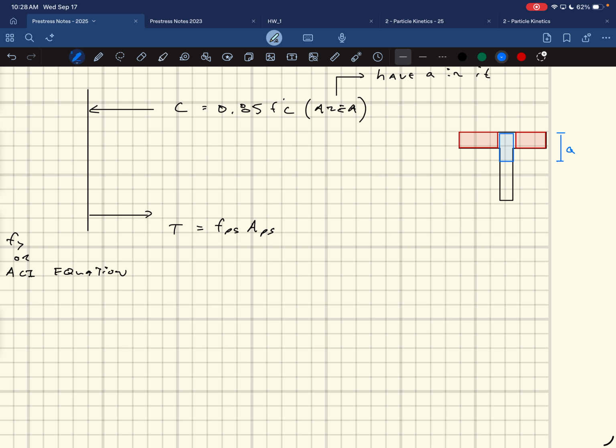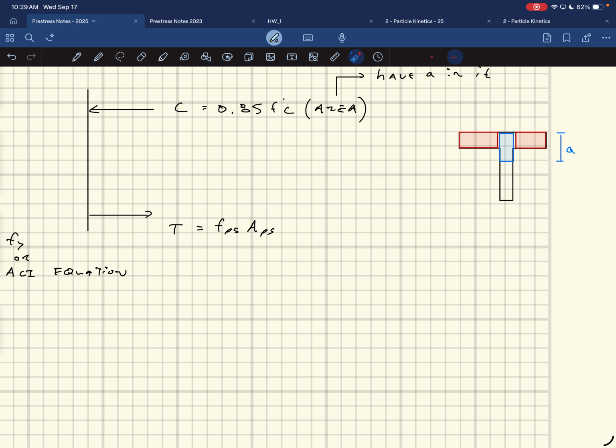Or you could just say A minus C. Either way, you could do whatever. Or you could do A minus TF. Which one do you like to do? You don't like this? I like to do the full area on top. Yeah, and then the other one. So when you calculate the area, it'll be A minus TF that it gets multiplied by.